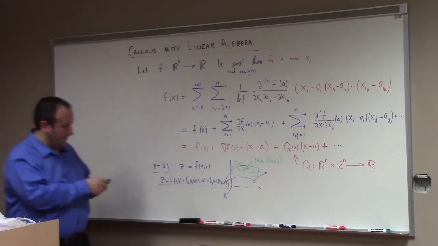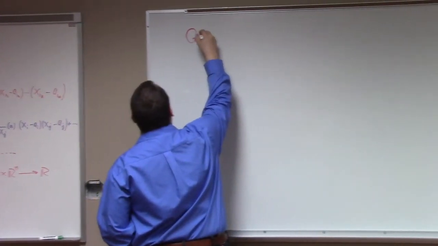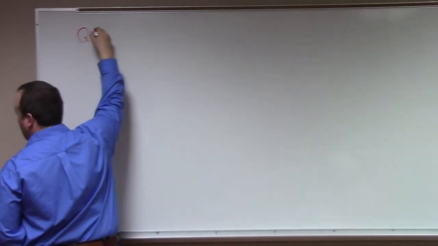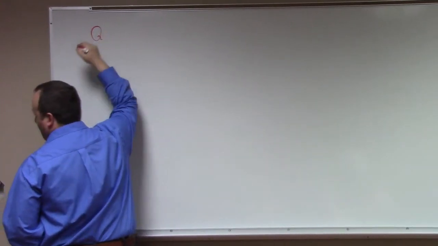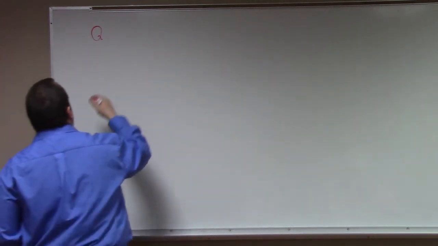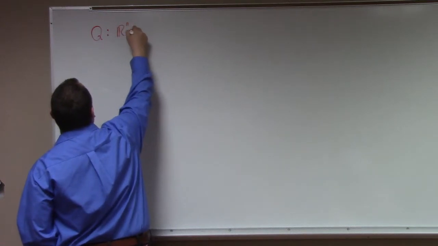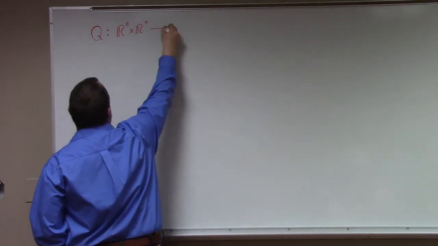So what does that quadratic piece look like? Specifically, Q. We'll drop the a, or maybe we could write Q sub a. Q is a mapping from Rn cross Rn to R again.